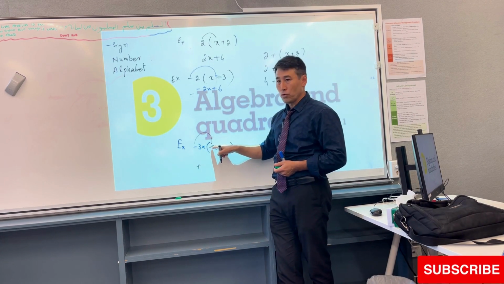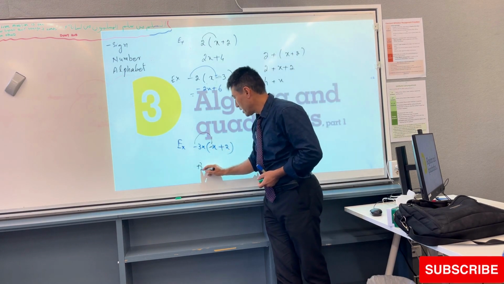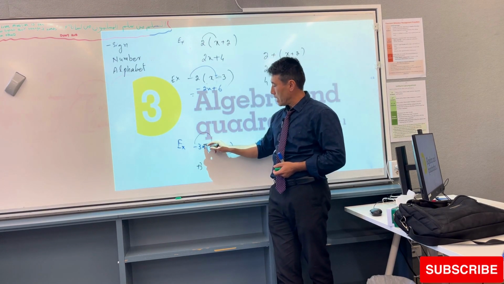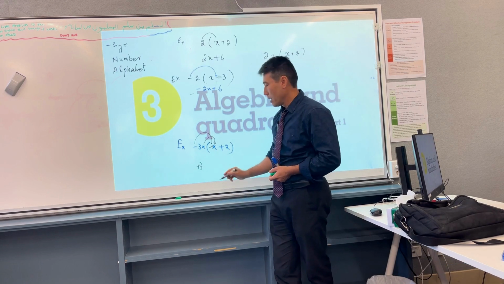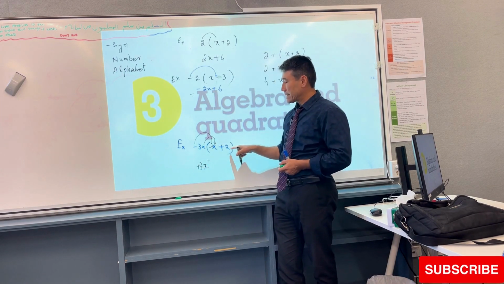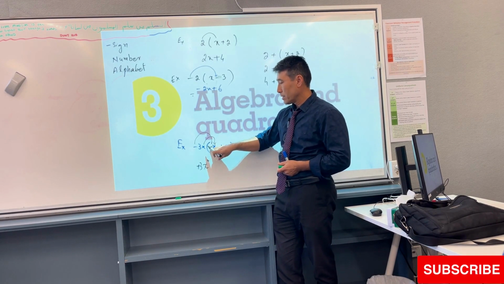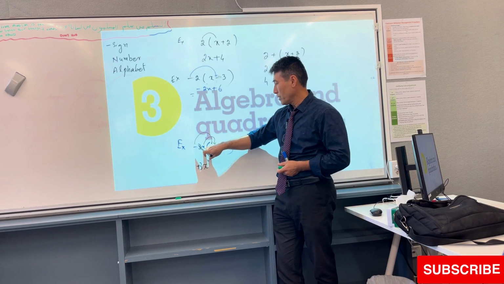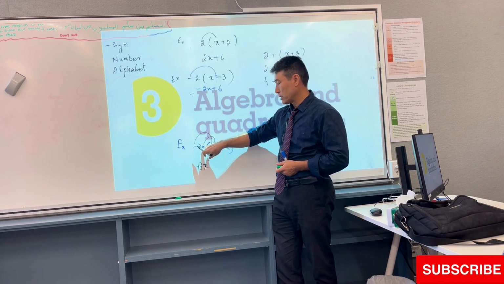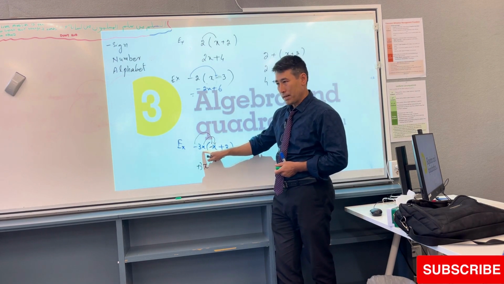Now come to the number, guys. 3 times, there is no number, which is 1. 3 times 1 is 3. Comes to the variable now. x times x is x squared. You have to do the same thing with the second term. Is the first x positive or negative? This one, that's negative. That's why we said this whole 3x is negative. Now they are not separate.